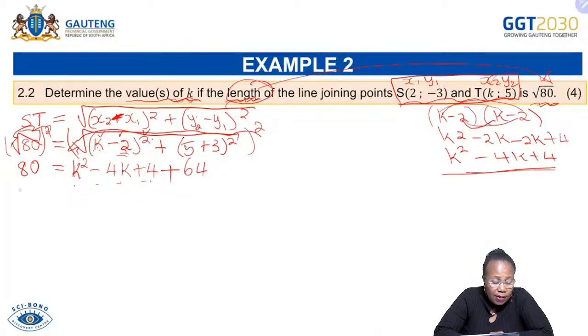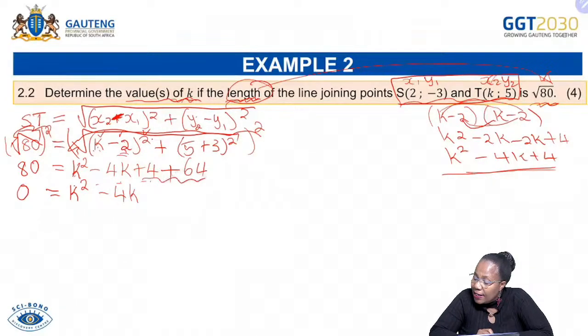We take 0 to this side, and then we have k squared minus 4k, and then these 2 will give us 68, and then we bring 80 to that side, it will be minus 80. We have 64 plus 4, that is 68.